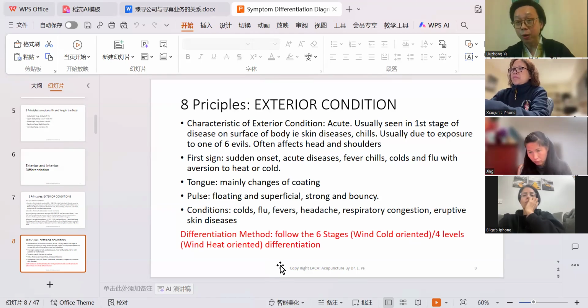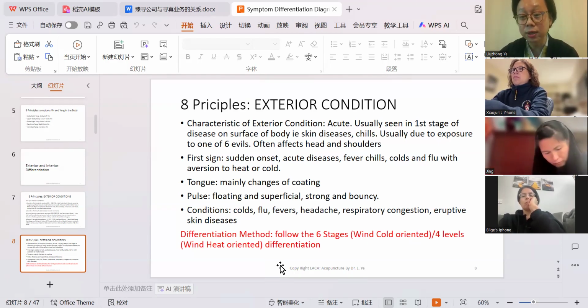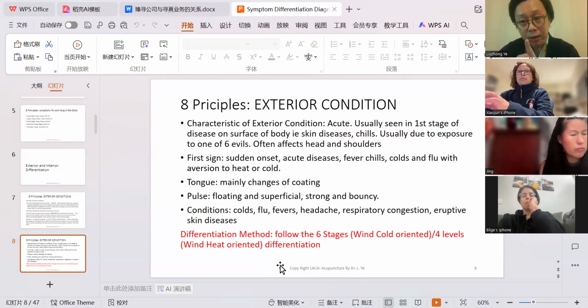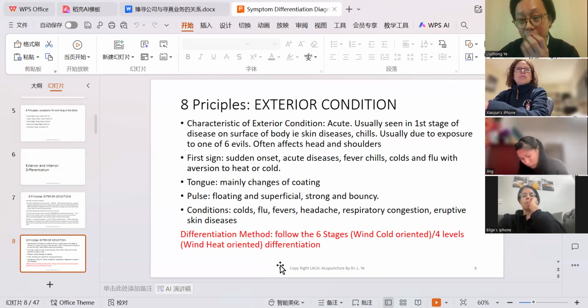And then from my viewpoint, another method that very easily helps you find whether this is cold or hot is checking the tongue coating. If the coating is white, it's cold oriented. If it's dry and yellow, really dry and yellow, that's heat associated.